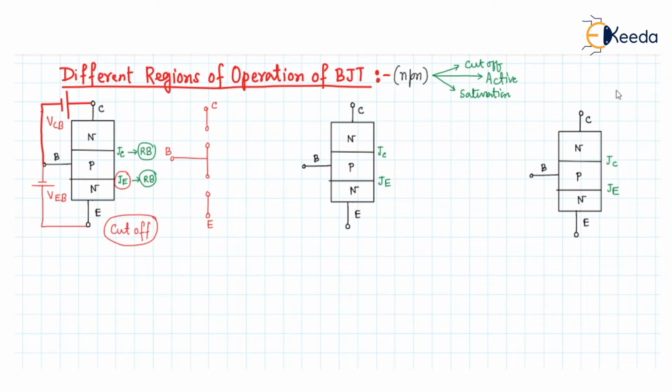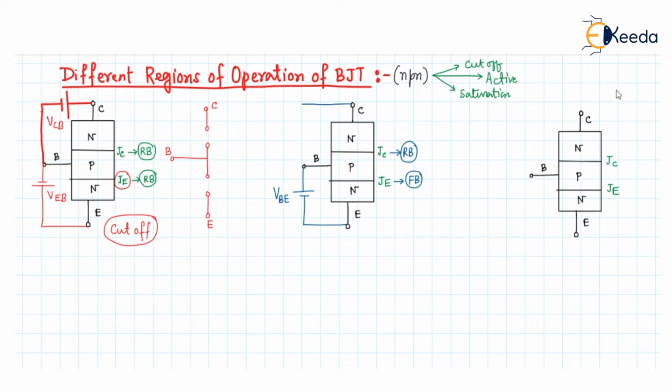Now let us see the active region. For active region operation, we have to make the JC junction reverse biased and the JE junction forward biased. For that, we apply a positive potential at the base and a negative potential at the emitter, so here it will be VBE.